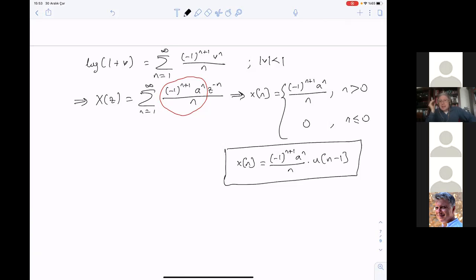But of course, as I say, if I attempt to ask this kind of a question, I will definitely provide you with the hint saying that logarithm of 1 plus v is this for v less than 1. So I will give you this formula in the examination if I ask this kind of a question, at least.